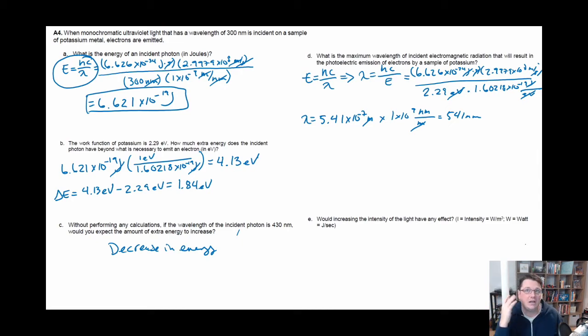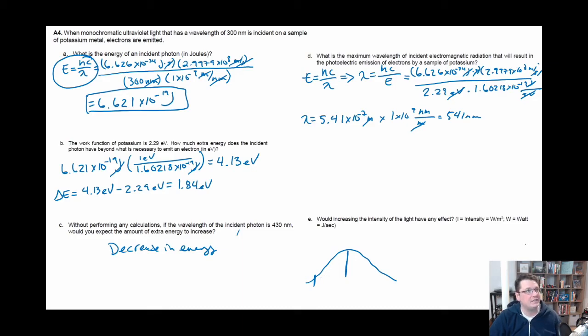Now, one thing to think about too is that it's extremely difficult to truly get monochromatic light, or at least have a true cutoff of light. When we're thinking about light, most light is actually pretty broad. This is the most intense peak, but you can still have a small amount that goes towards whatever your threshold is.